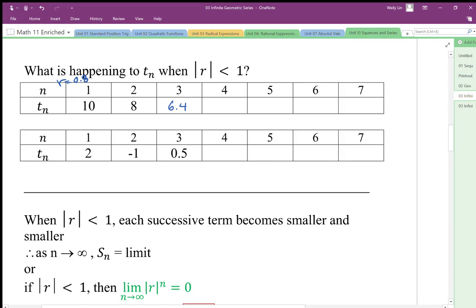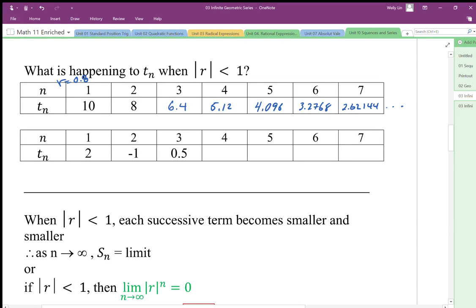So as I keep multiplying, 6.4 times 0.8, I get 5.12, times 0.8, I get 4.096, times 0.8, 3.2768, times 0.8, 2.62144.